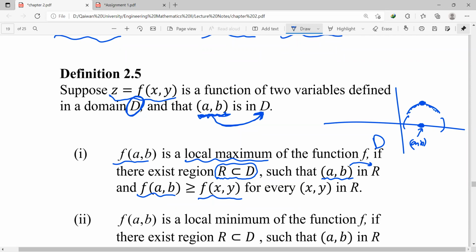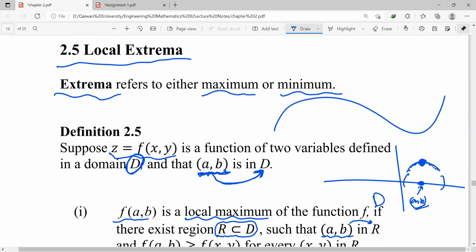For example, in this graph, in this region this point is minimum, and in this region this point is maximum.